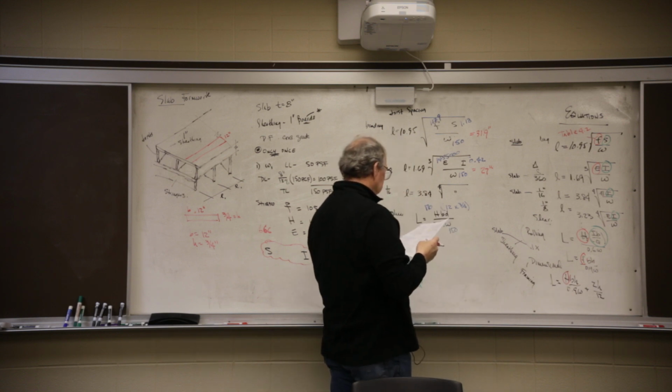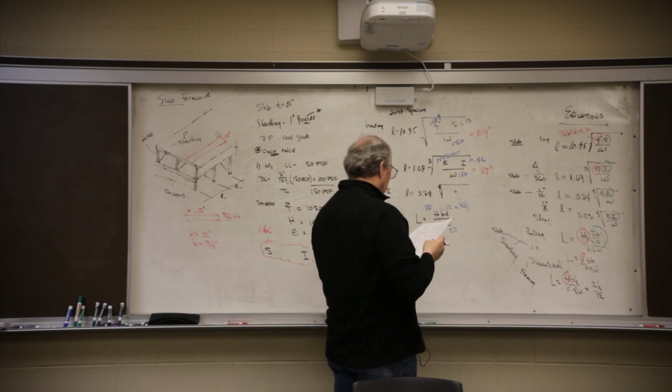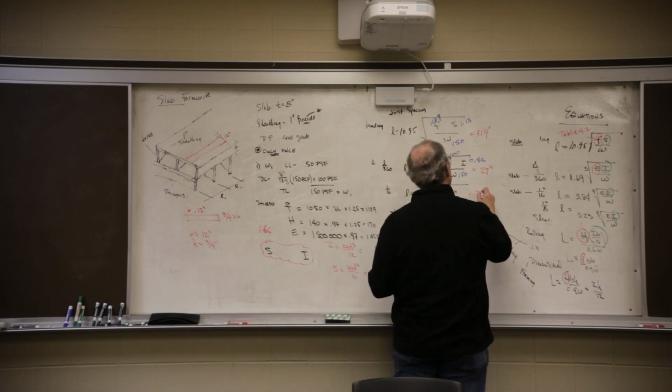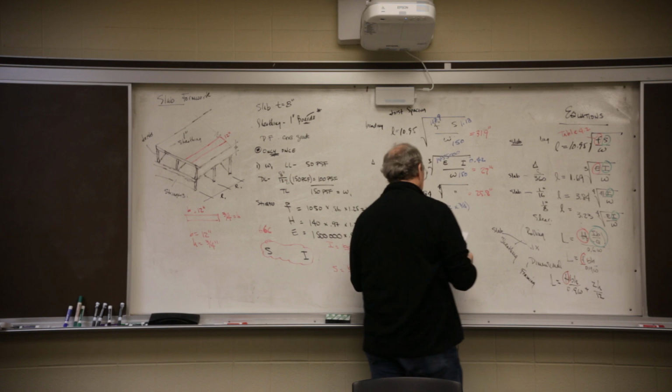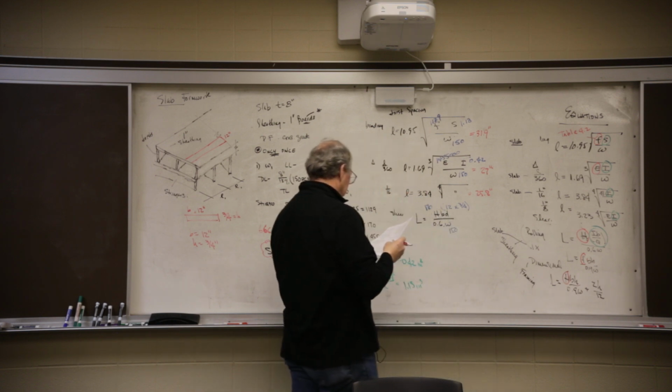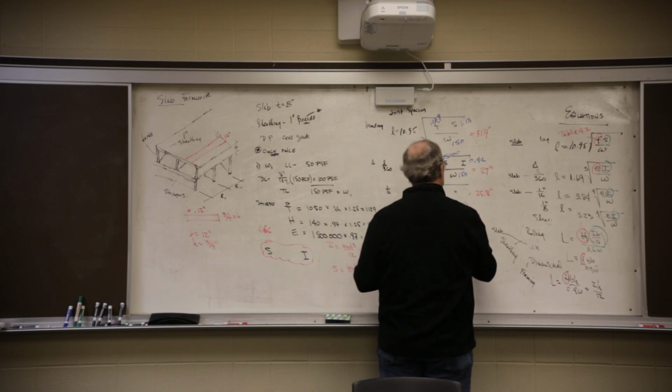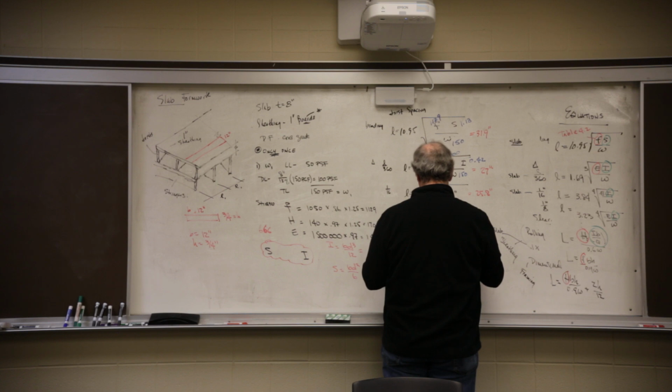That was L over 360. 1/16 is 25.8 inches. And the next one came out to 11.3 feet, and you multiply that by 12, you get 136 inches.